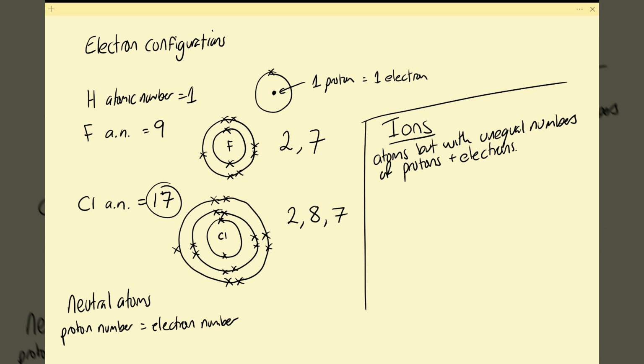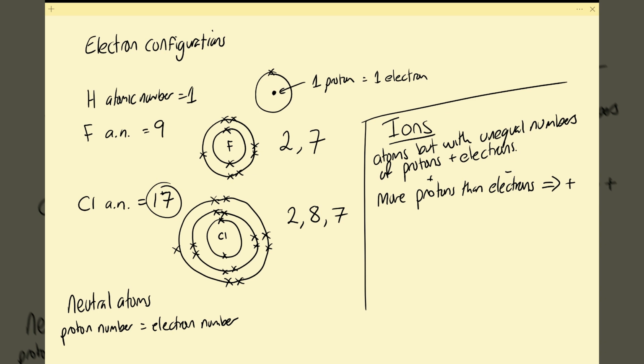But ions are versions of those where they've either gained or lost electrons, so that the numbers are not even anymore. If we have more protons than electrons, our ion is positive, because protons are positive and electrons are negative.